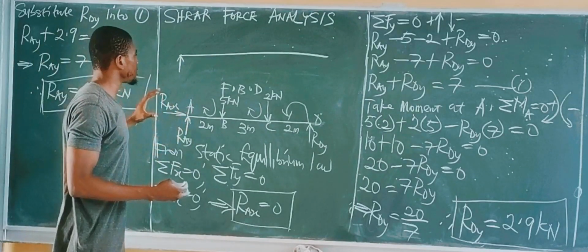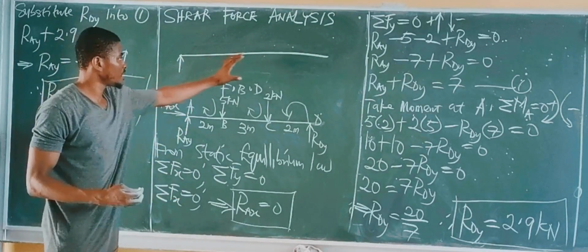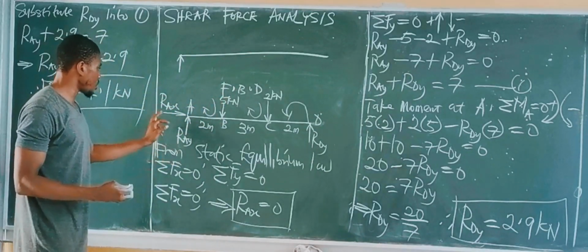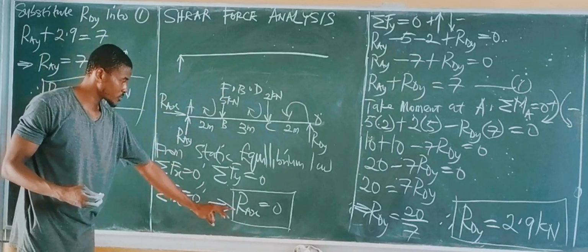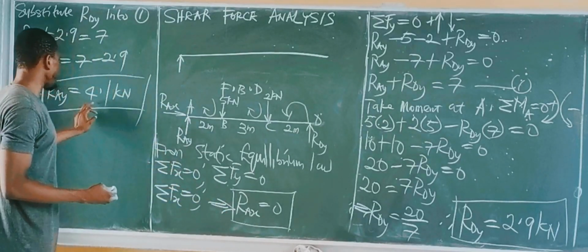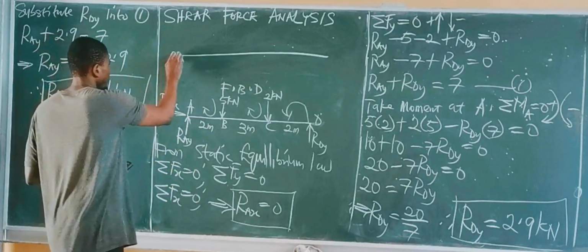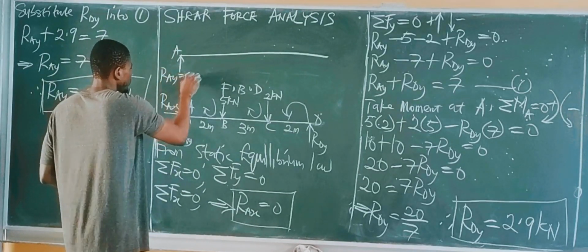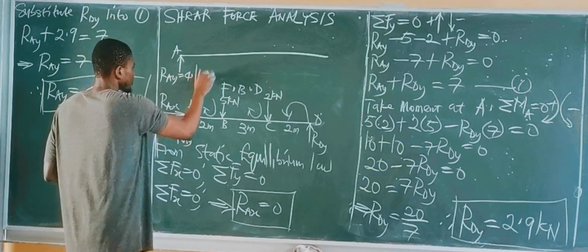So we bring back the beam and then introduce the reactions. RAS was already determined as 0, so that's off. RAY gives us 4.1 kilonewtons at point A.